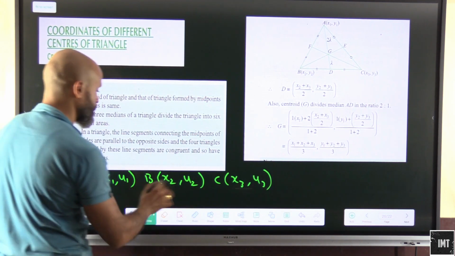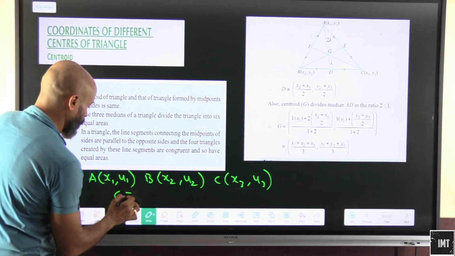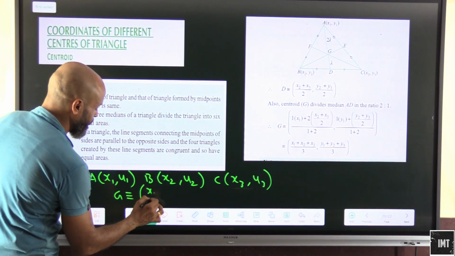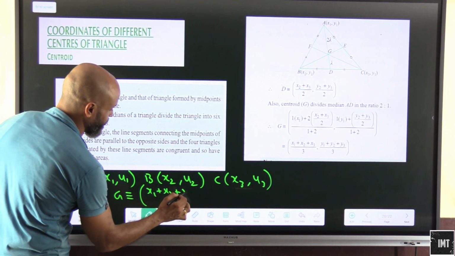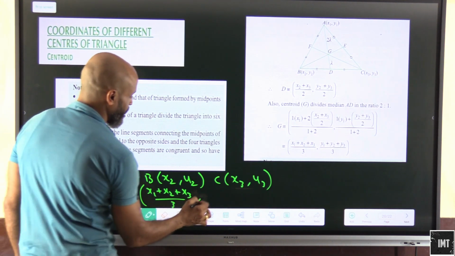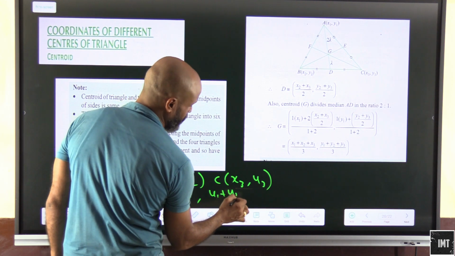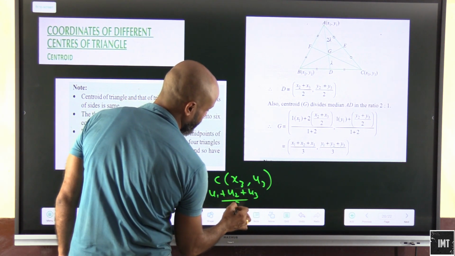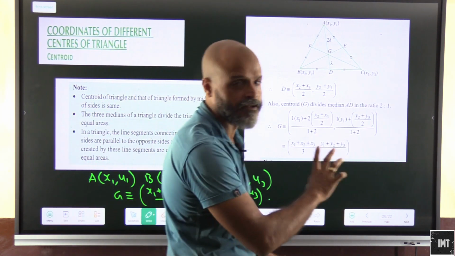The coordinates of the centroid will be (x1 plus x2 plus x3) upon 3, and (y1 plus y2 plus y3) upon 3. This will be basically the coordinates of the centroid.